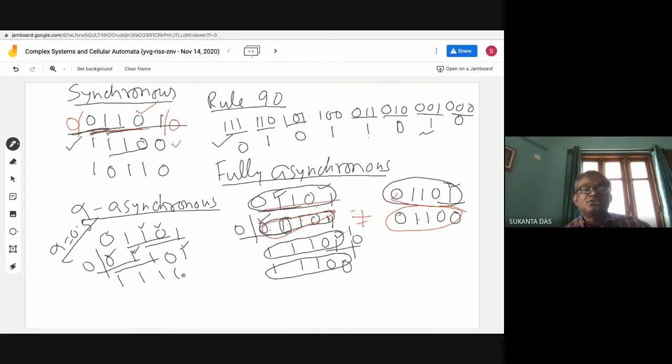These two will remain unchanged, and here 010 is 0. In this way we update. So this is the alpha asynchronous update.